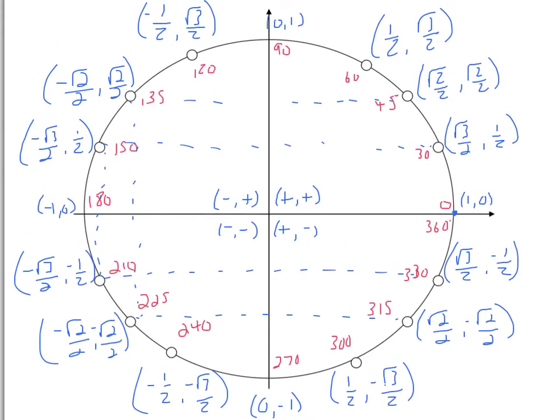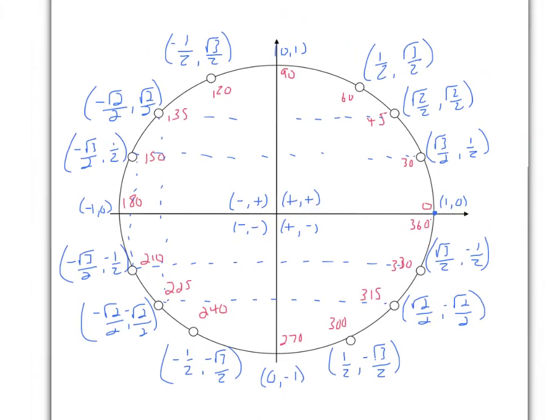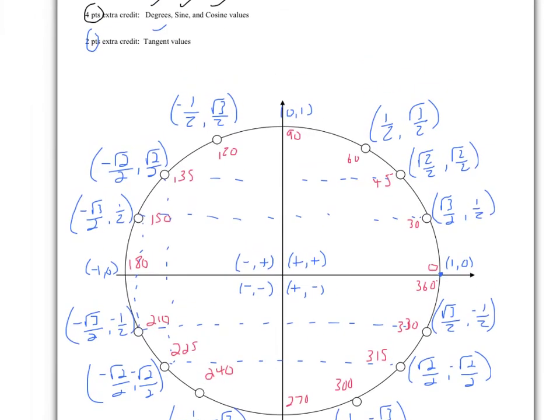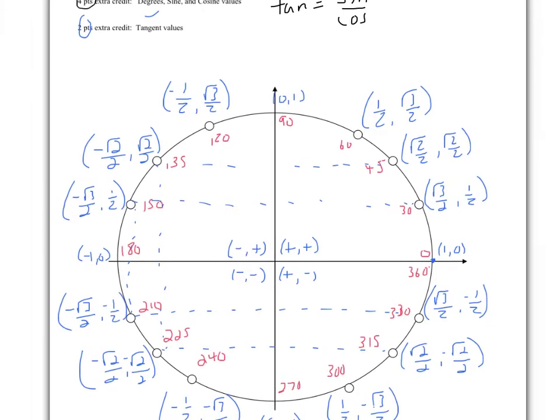If you now want to do tangent, tangent is equal to sine over cosine. So let's start with the nice numbers.